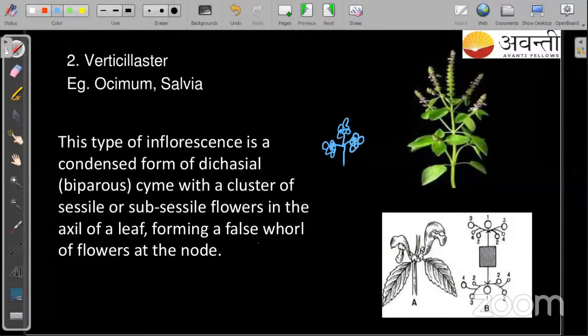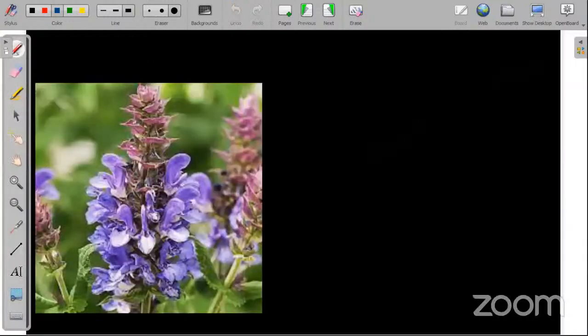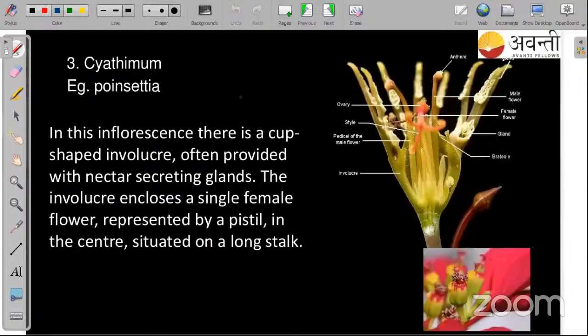So this is one type of biparous, or we can say a version of the biparous, with a cluster of sessile or subsessile flowers. You can see in the flowers of tulsi there is a cluster of sessile flowers. This type is known as the verticillaster, and examples are ocimum and salvia. This is the flower of salvia.